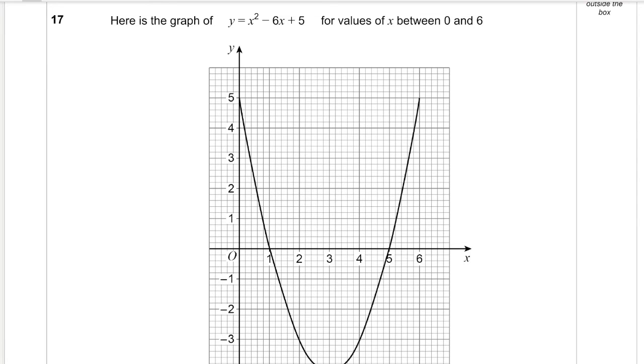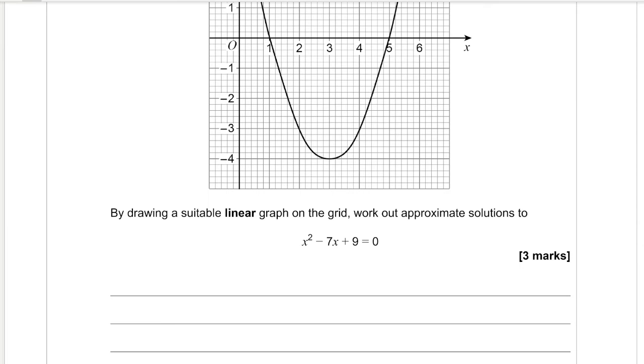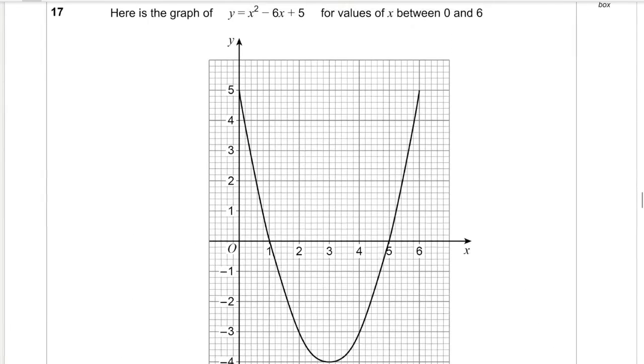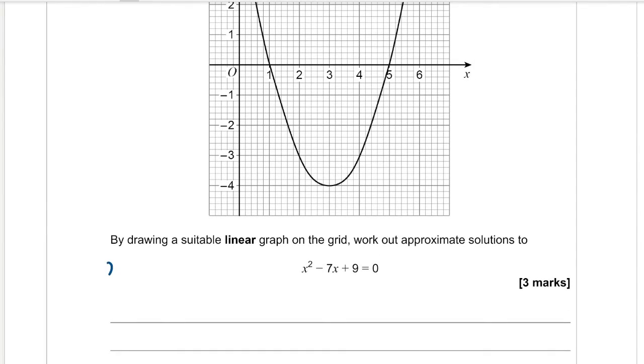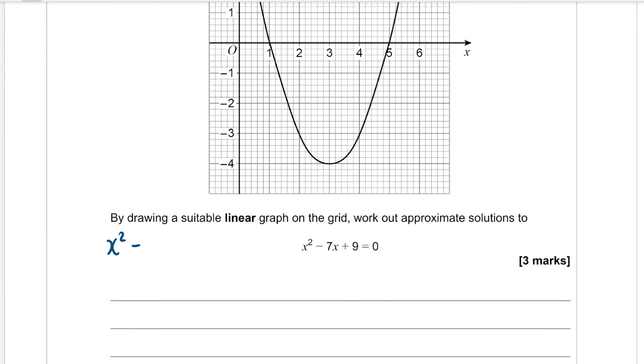Here's a quadratic graph between 0 and 6. It says by drawing a suitable linear graph on the grid, work out an approximation to the solutions of x squared minus 7x plus 9. Okay, so I'm just going to write the graph here, which is x squared minus 6x plus 5. Now, what could I do to this equation in order to turn it into this one?